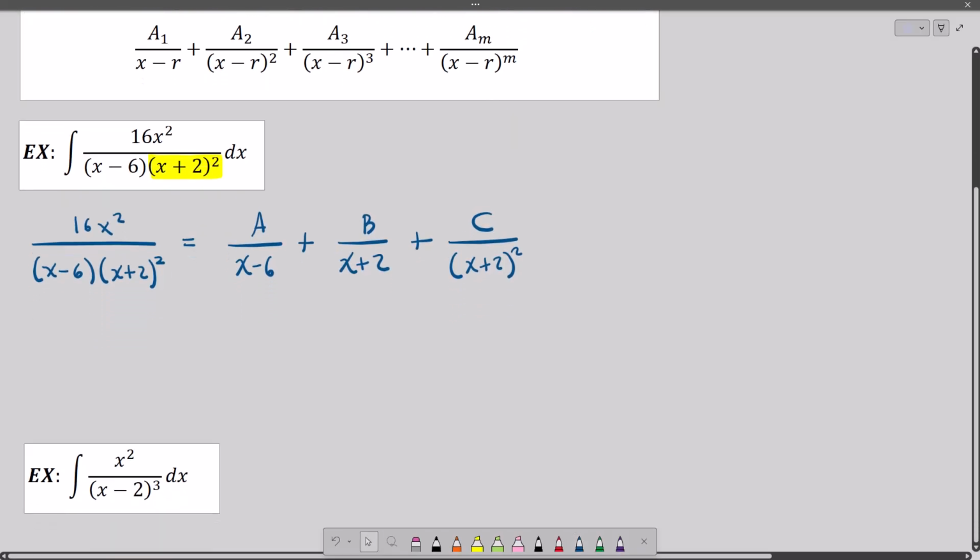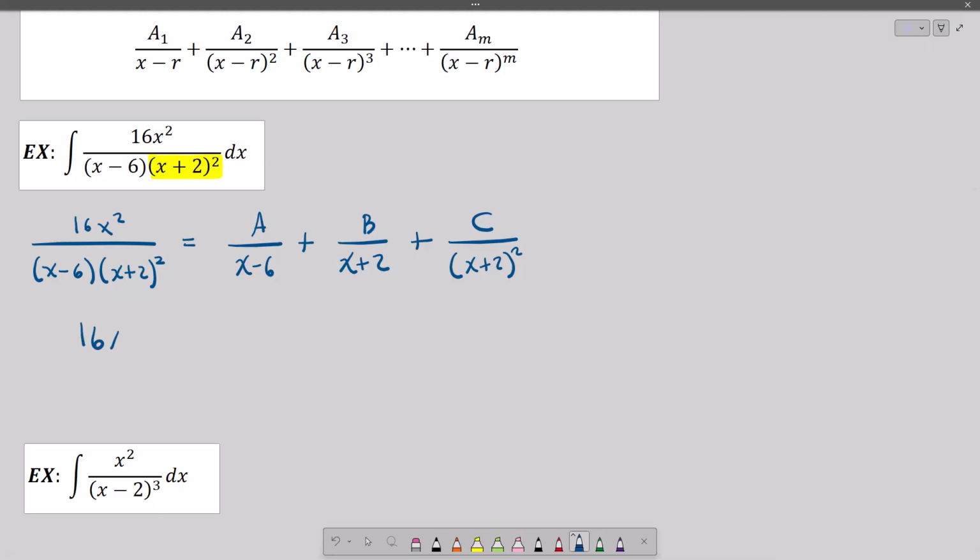Now we're going to multiply both sides by the denominator on the left. You start to do this sort of quickly. This gets multiplied across, and you cancel the x minus 6. This gets multiplied across, and you cancel 1 x minus 2, x plus 2.